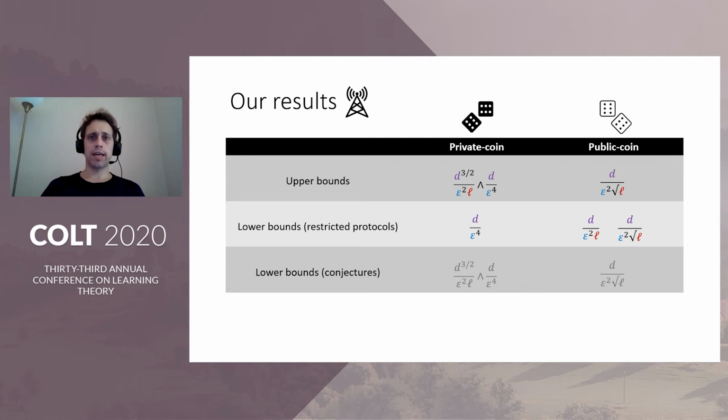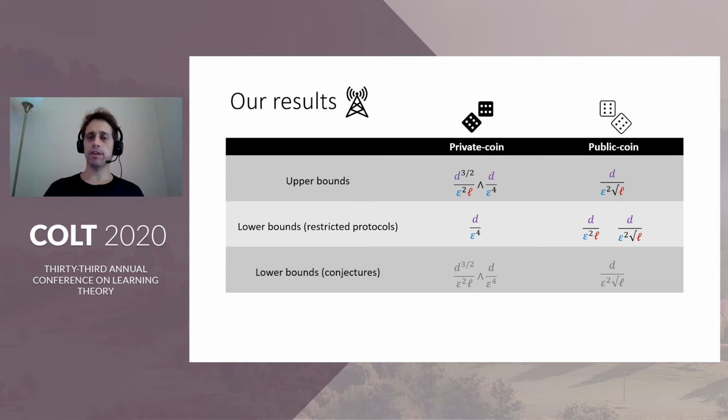In the public coin case, we show a D over epsilon square L general lower bound, which is not quite tight, but holds for all public coin protocols for small enough L, as well as a tight bound of D over epsilon square root L users, but only for a natural yet restricted class of protocols. And as I mentioned, we conjecture that all our upper bounds are tight, and we provide evidence in the paper for this. I encourage you to read the paper to learn more about those.